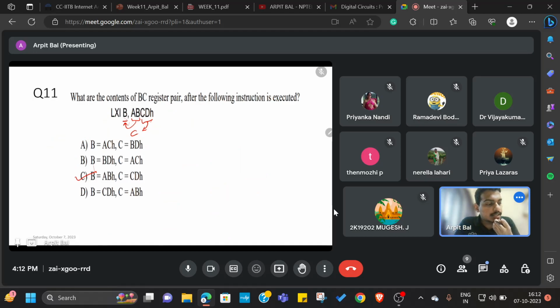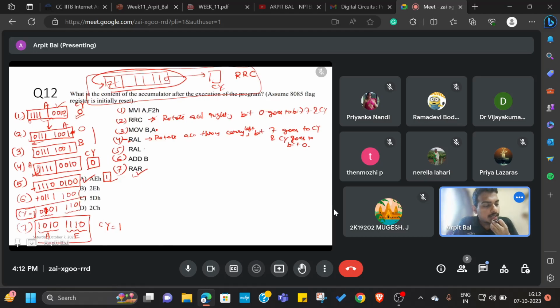Okay, so the next question was related to the contents of the BC register pair using the LXI B instruction, so B will have AB and C will have CD. The next question was also related to figuring out the content of the accumulator after the execution of this particular set.